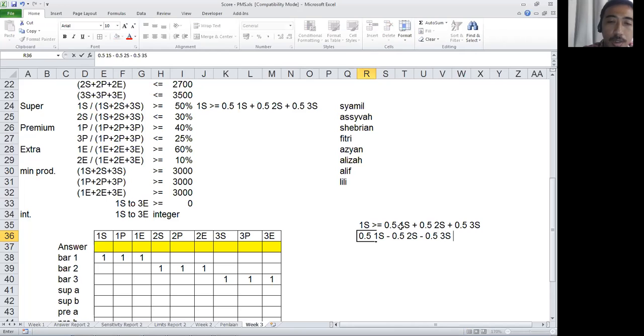And all of this should be more than or equal to 0.